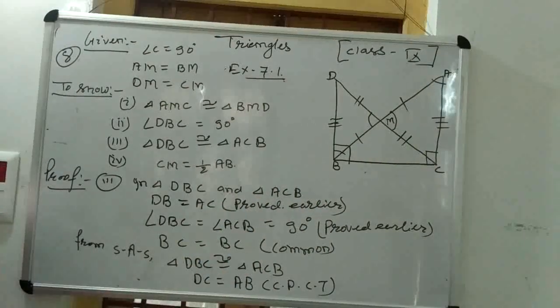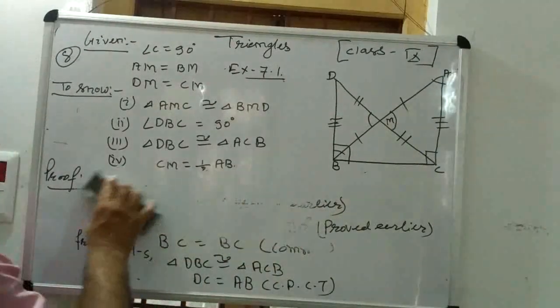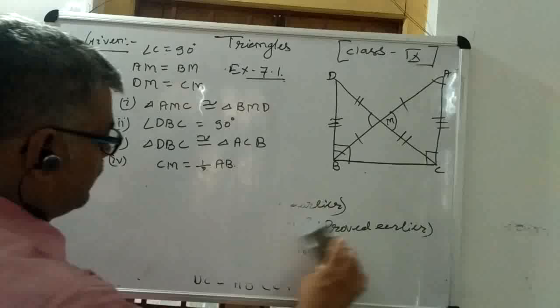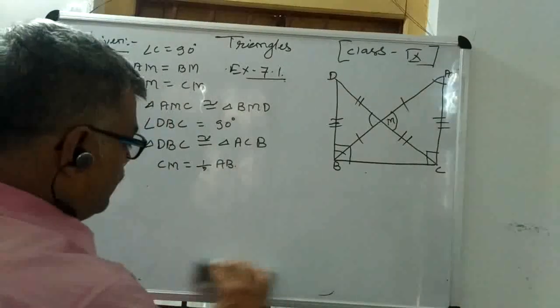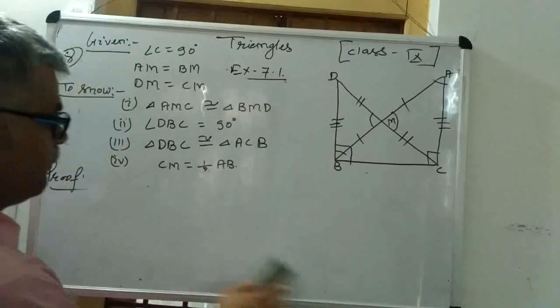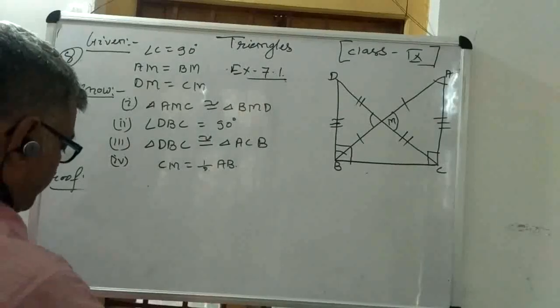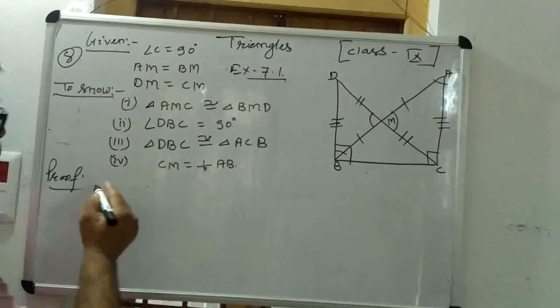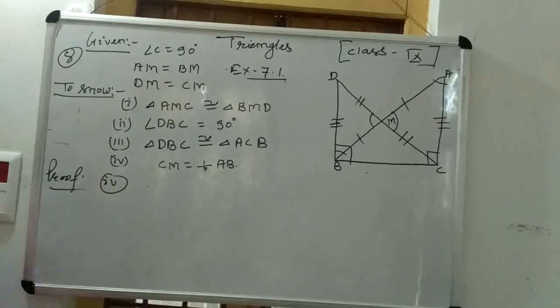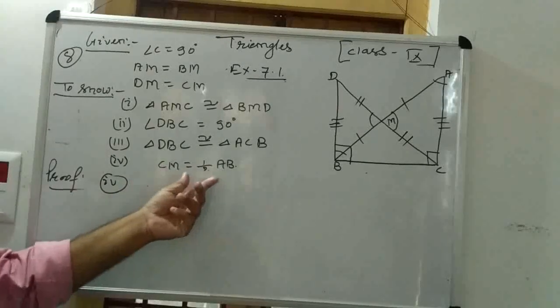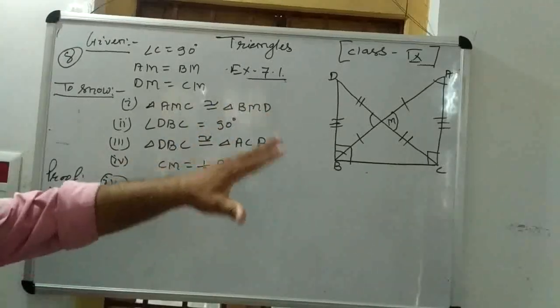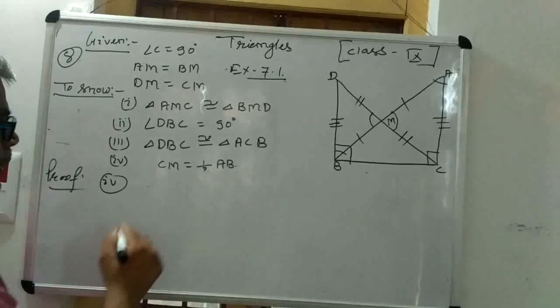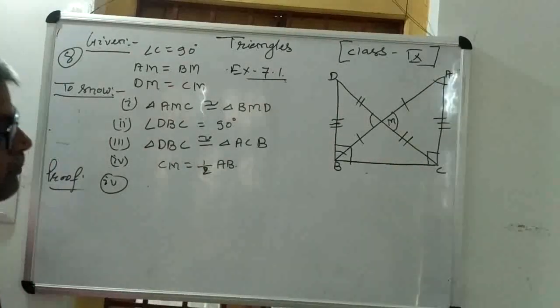Now let's see the fourth part. The fourth part is we need to prove CM equals half AB. CM equals half AB.